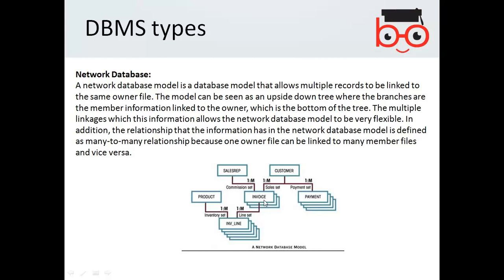An invoice is basically connected with many customers or many payments and many invoice lines, and one product can have many invoice lines and so on. So it's a kind of one-to-many or many-to-many relationship occurring in this type of database, the network databases.